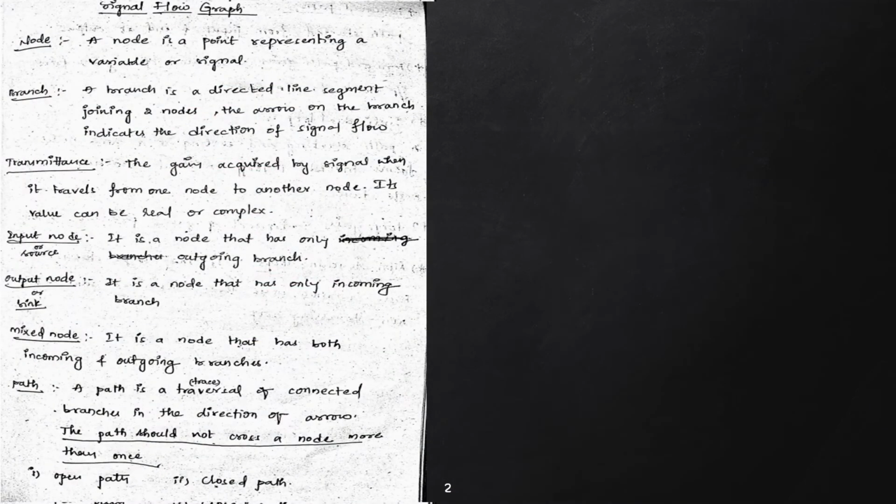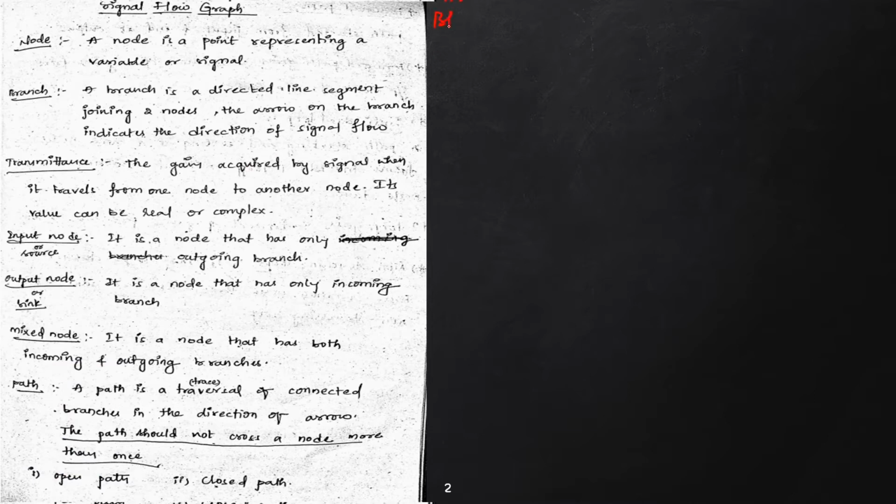Let's start signal flow graph, which is the second part of the second unit. Signal flow graph is the graphical representation of any system, whereas coming to block diagram, it was a pictorial representation.